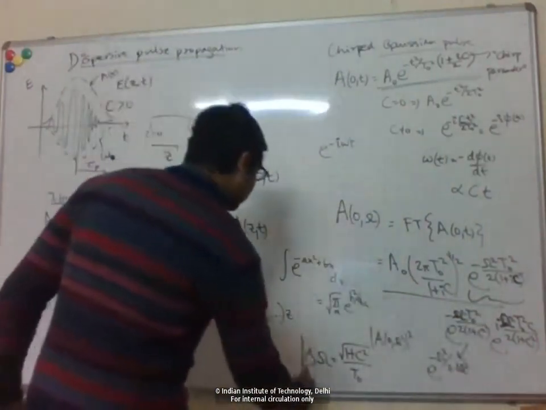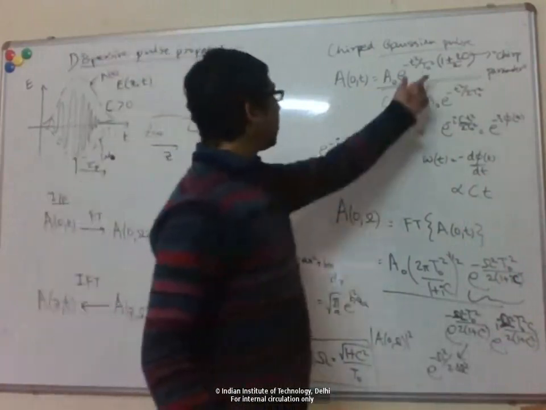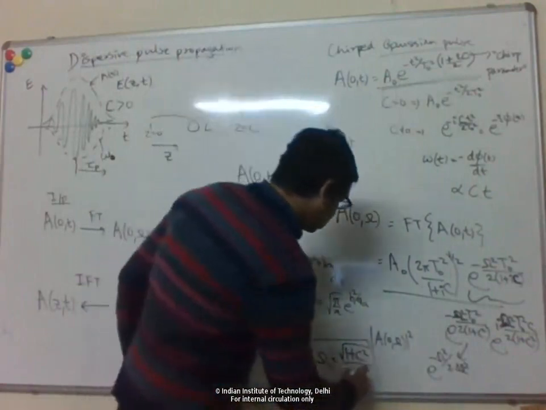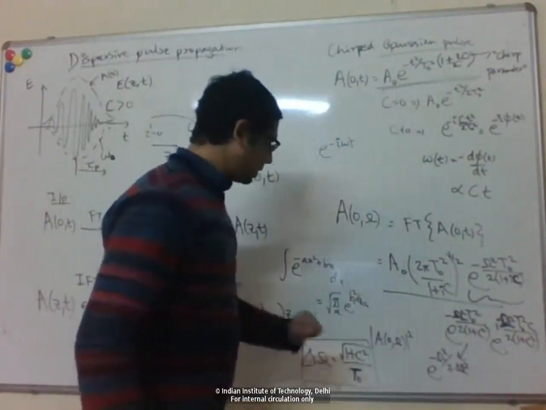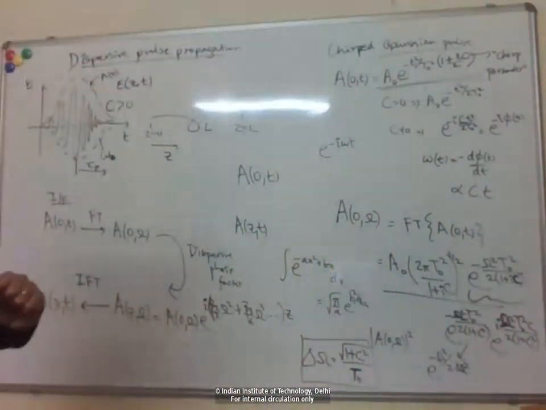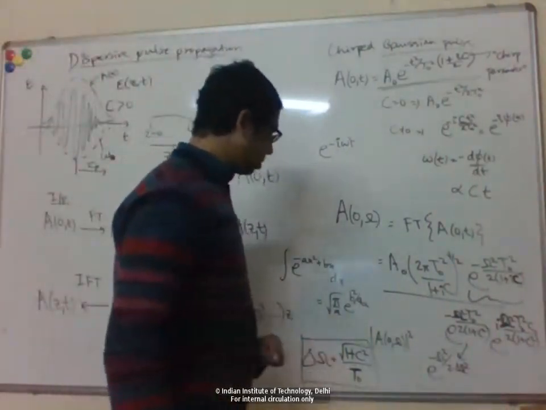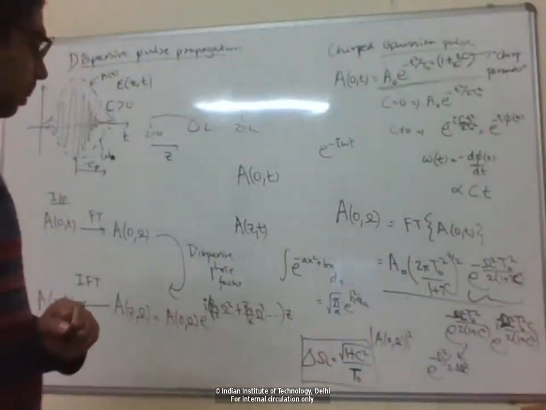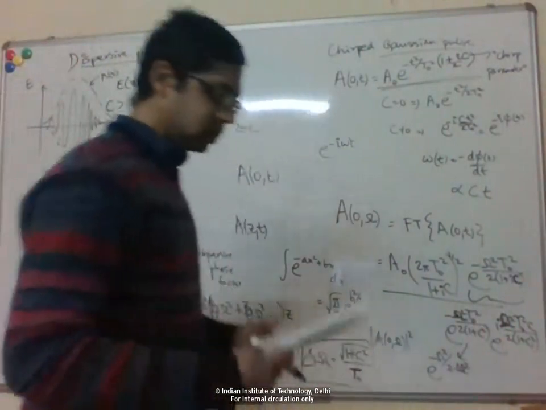So you can see that the bandwidth of a chirp pulse goes like this. It depends on the chirp parameter and the temporal duration.